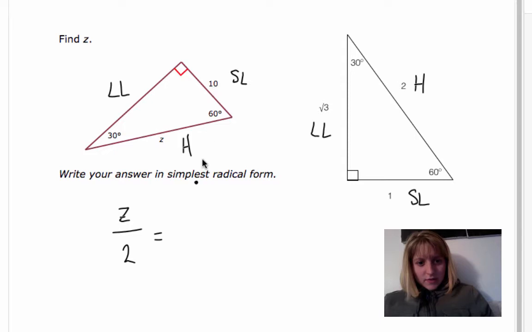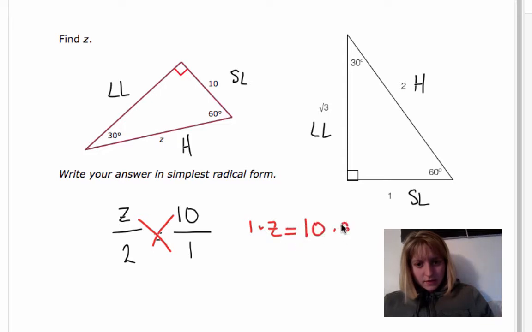Since we've got 10 short leg over here, the ratio 1. Again, we're going to cross multiply and get 1 times z equals 10 times 2. 1 times z is z, and 10 times 2 is 20.